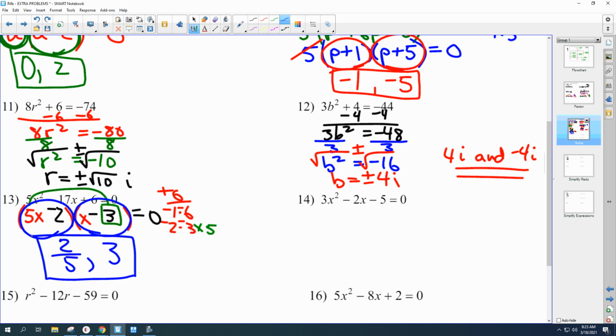14 also looks like a hard trinomial. So multiply to negative 5, so that means one of the two numbers is negative. One number would have to get multiplied by 3, and then they'll add up to 2. Yeah, we can do this.